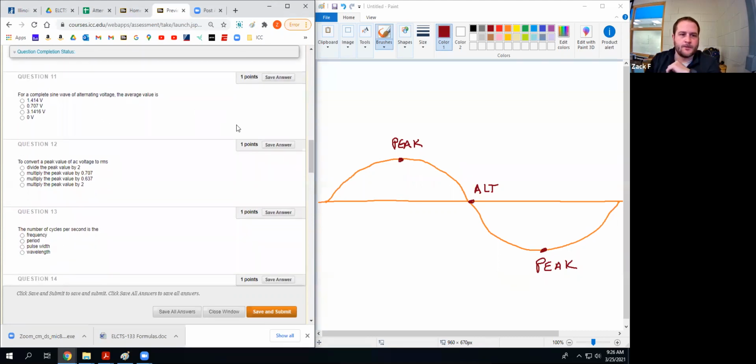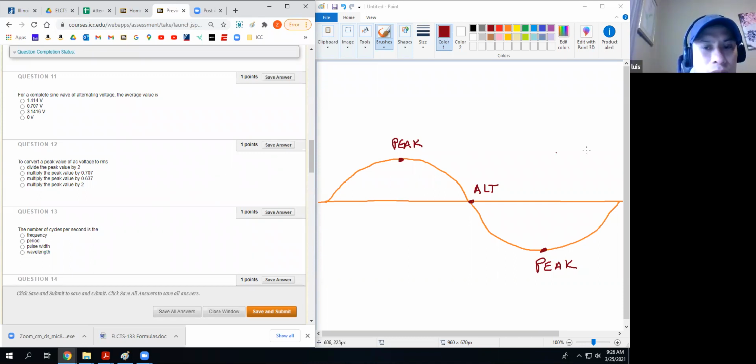For a complete sine wave, the average value is 0.707. 1.414. Technically, this is the average value, okay?